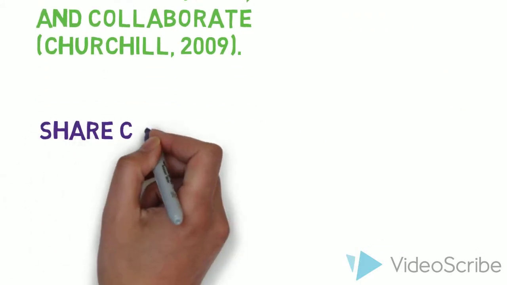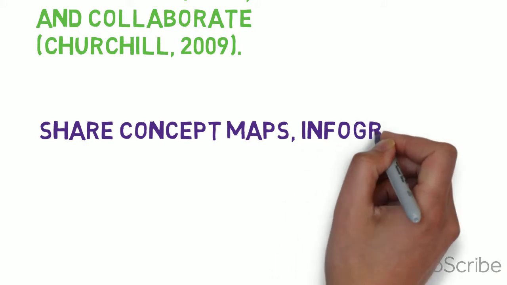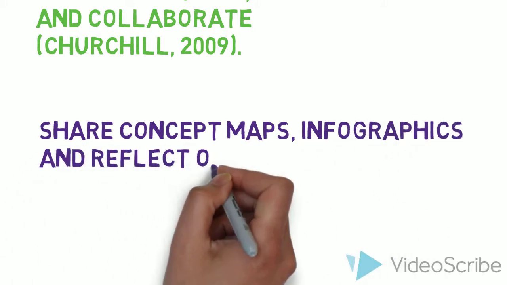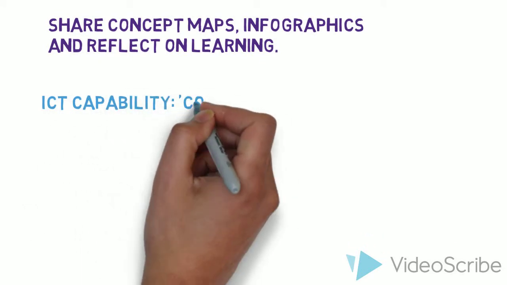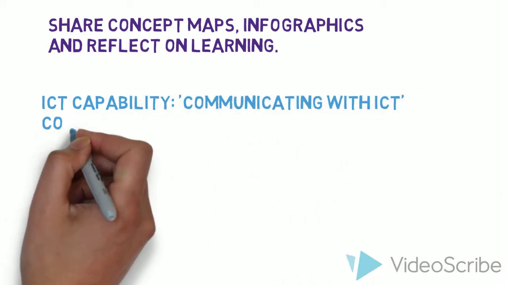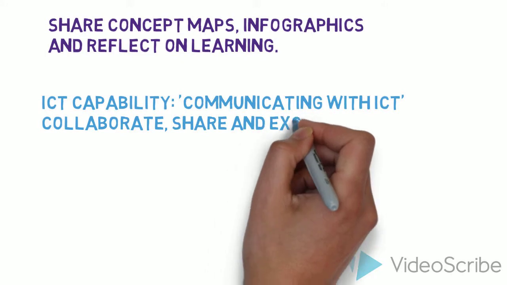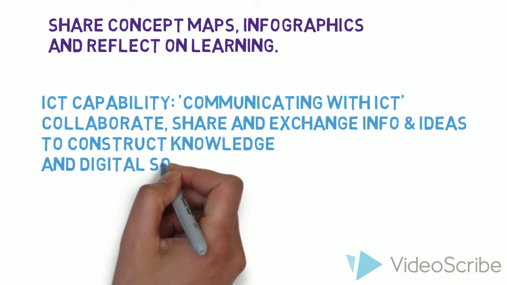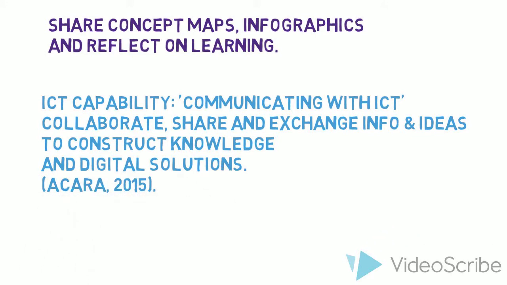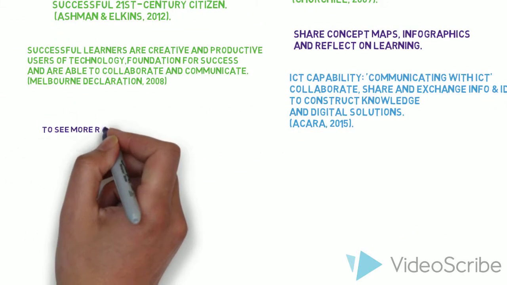Students can upload and share their concept map, infographics, and reflect on their learning while connecting with other students. This addresses the ICT capability of communicating with ICT, where students collaborate, share, and exchange information and ideas to construct knowledge and digital solutions. These are crucial skills for 21st century students.